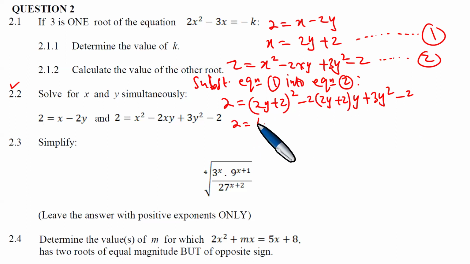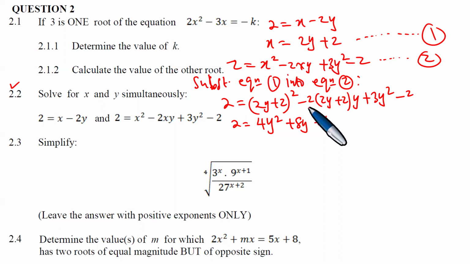If you square 2y, what do you get? You get 4y squared. 2y times 2 times 2. What is 2y times 2 times 2? Anyone? So 2y times 2 is a 4y times 2, which is 8y. 2 squared gives us a 4.